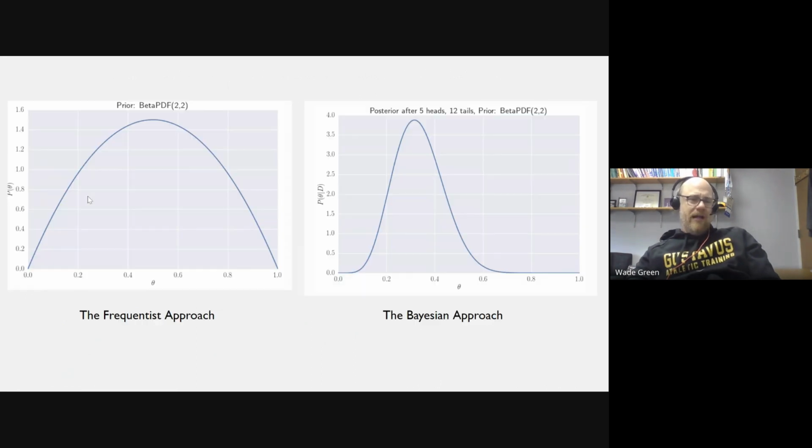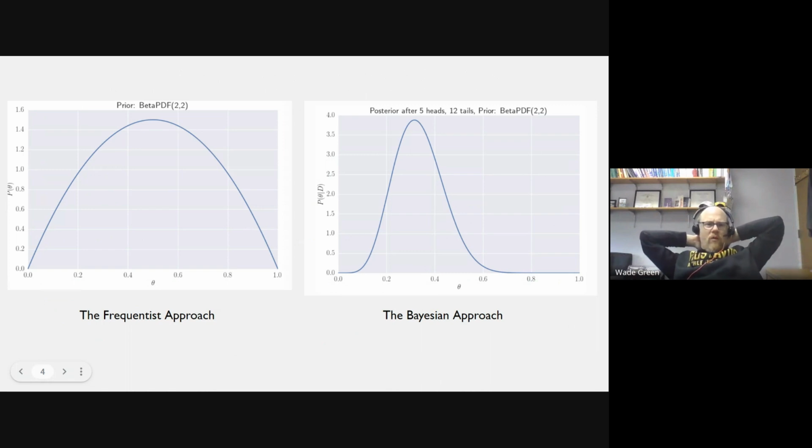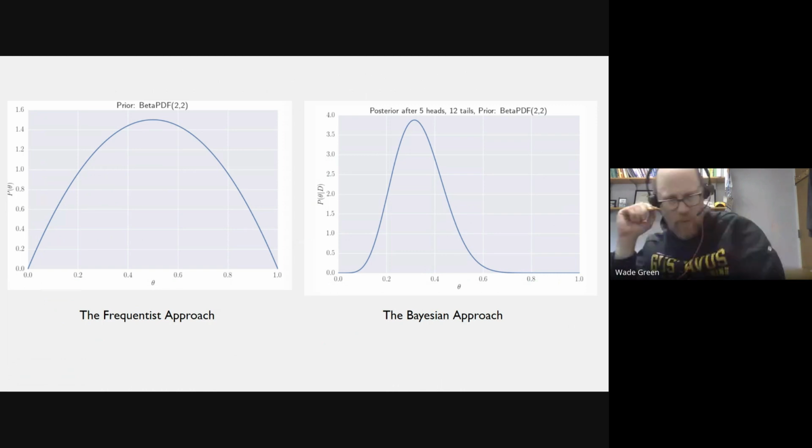But let's look at a graphical representation. The same thing: we have a frequentist approach here. Obviously, the chance of heads versus tails is going to be 50% from a frequentist perspective.